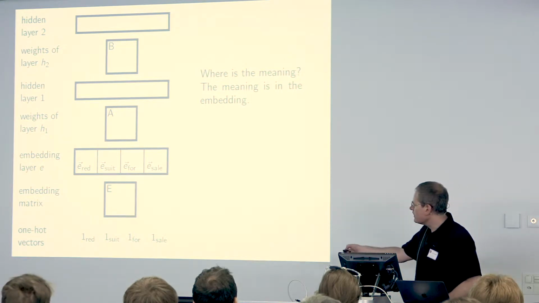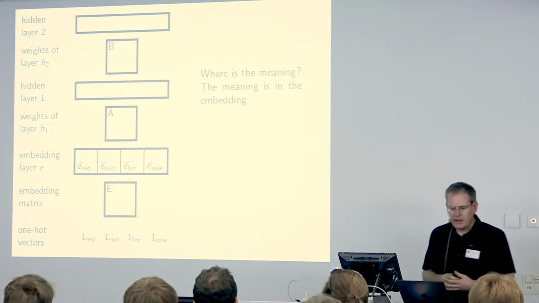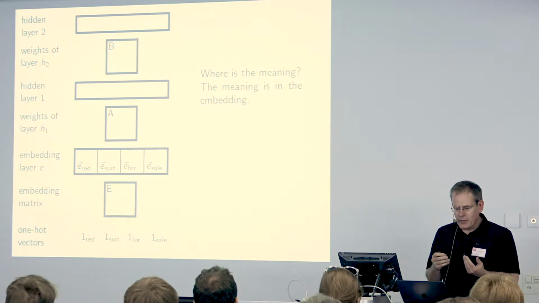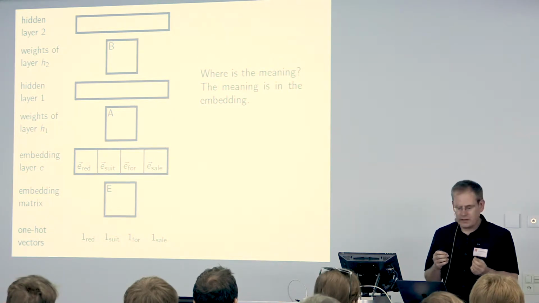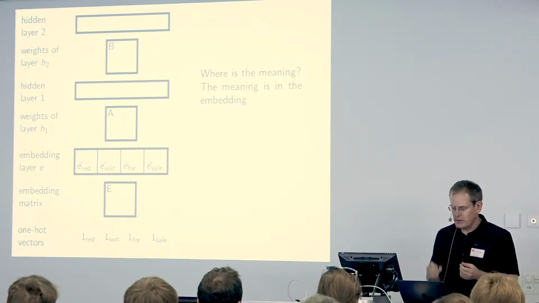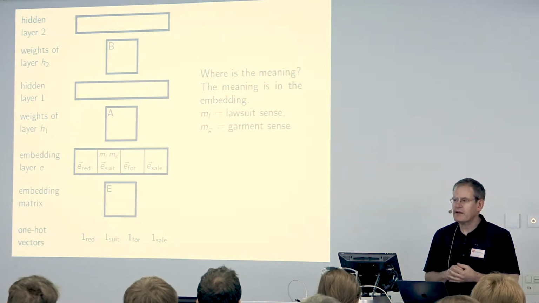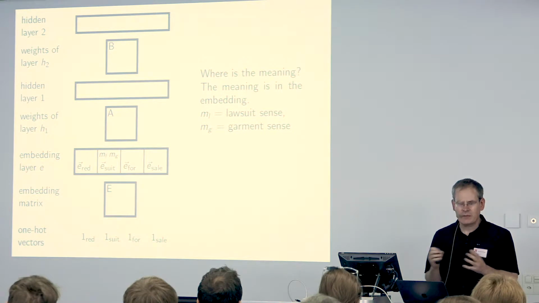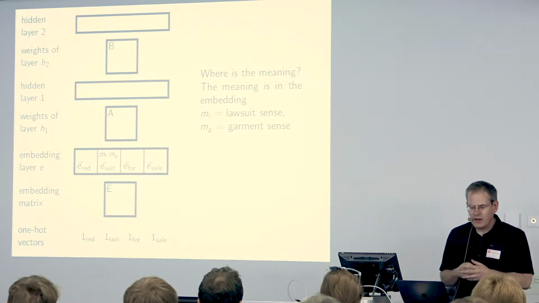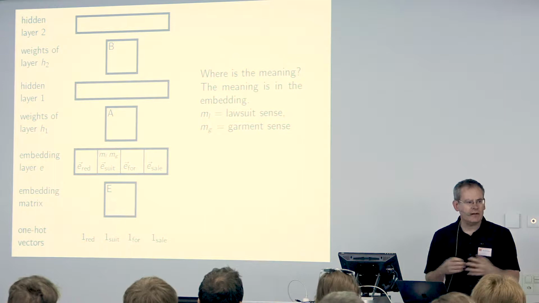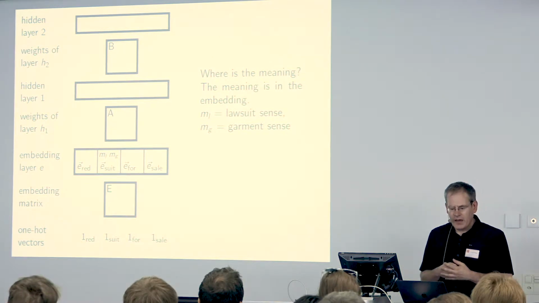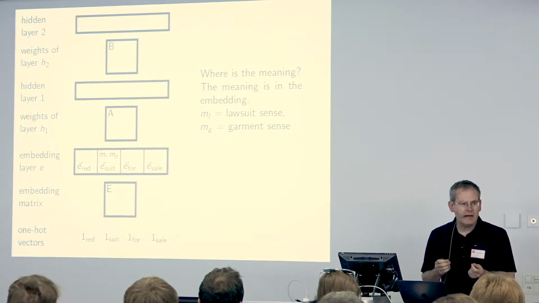Now, it's a little bit more complicated for an ambiguous word. The word suit, for example, has 2 meanings, the lawsuit meaning and the garment meaning. It has more meanings, but let's just focus on those 2: the lawsuit where you sue somebody, and the suit that you wear. And those are also represented in the embedding.